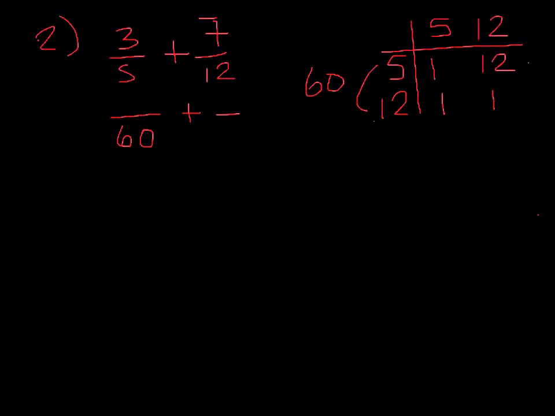To break up the 5, we say 5 into 5, 1. The 12 cannot be broken up, so we use the number 12 here, and we say 12 into 12, 1. We multiply this and we know that our common denominator, the least one, will be 60.